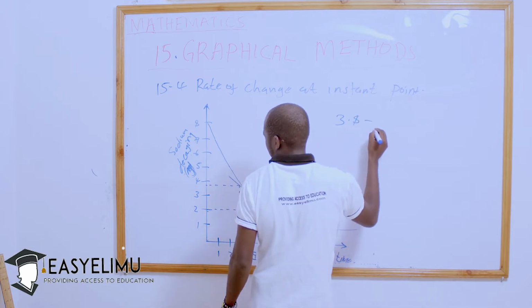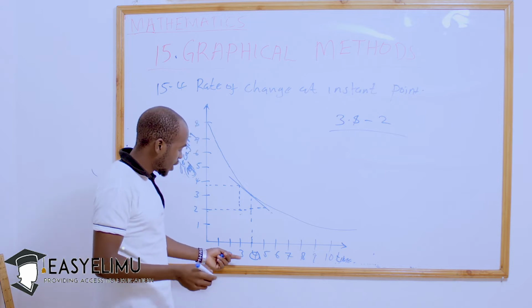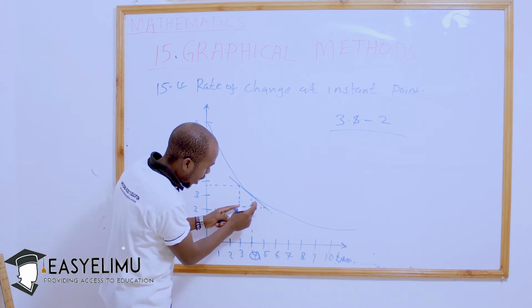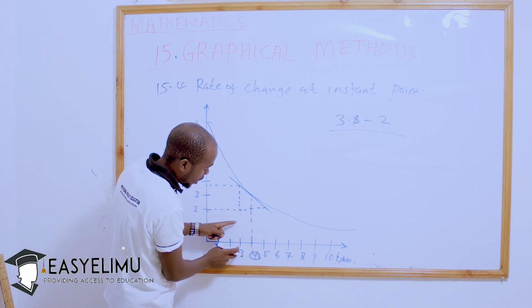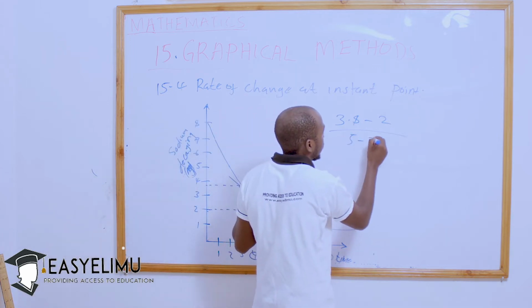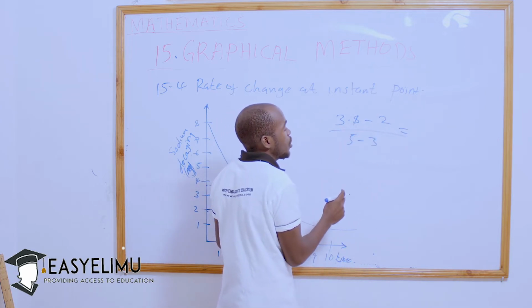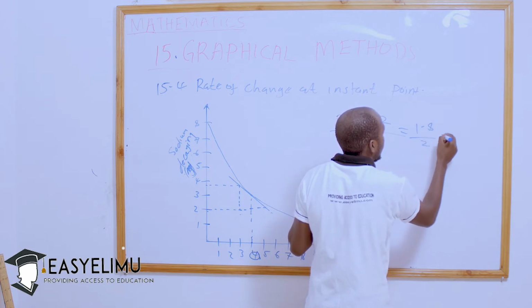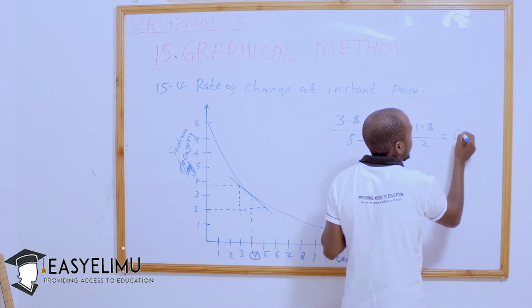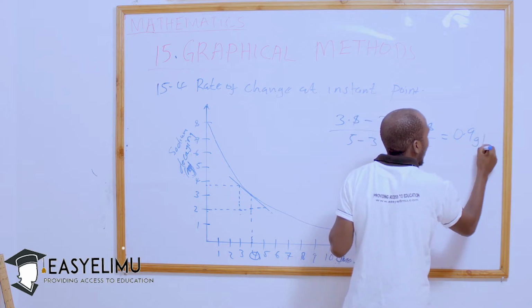So we are going to have 3.8 minus 2 over, in time here, 5 minus 3, as we are finding the gradient of the tangent. So we shall have 3.8 minus 2, you are going to get 1.8. So it will be over 2, and this will give you 0.9, and it is 0.9 grams per year.